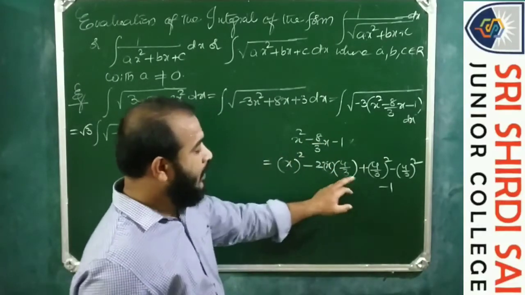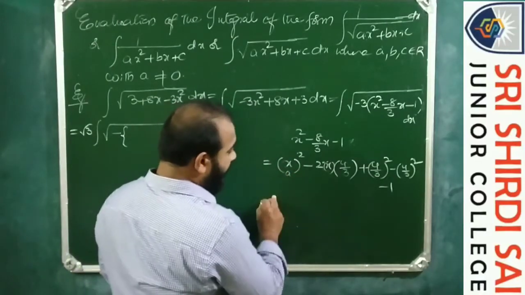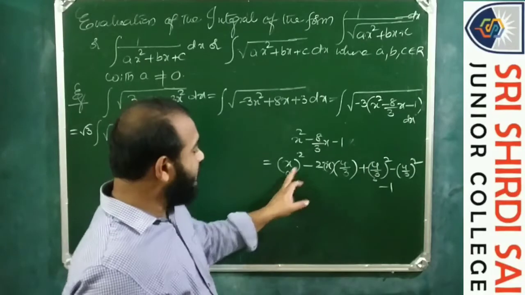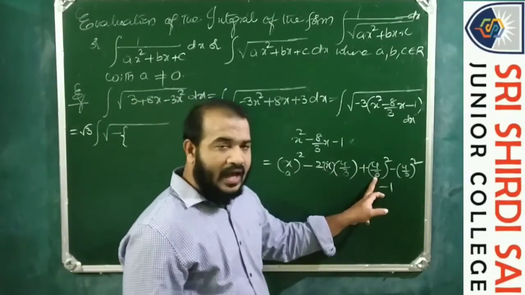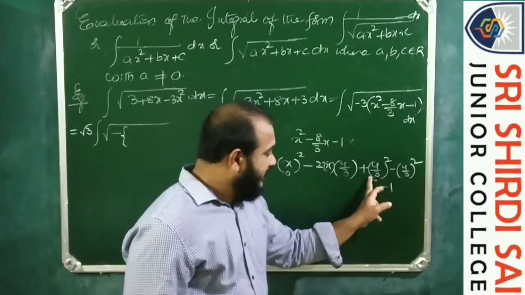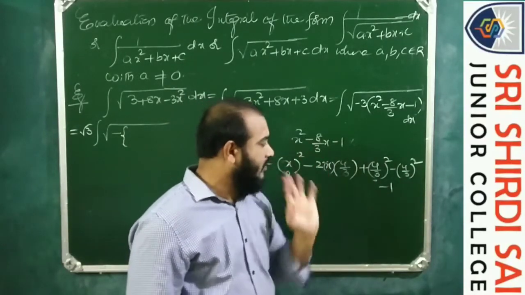So this is a square minus 2ab plus b square, where a is x and b is 4 by 3. I want minus b square, so that this and this get cancelled. We are left with x square minus 8 by 3x minus 1 only.